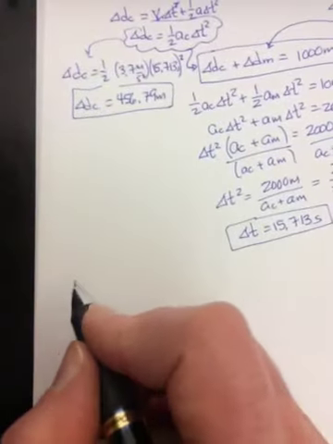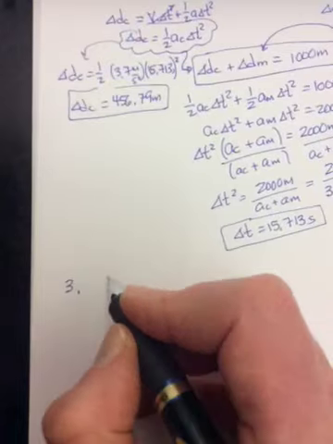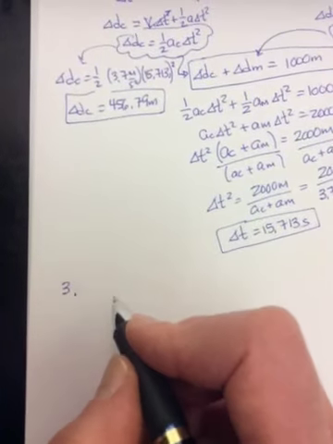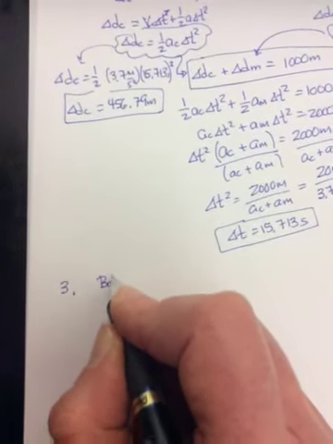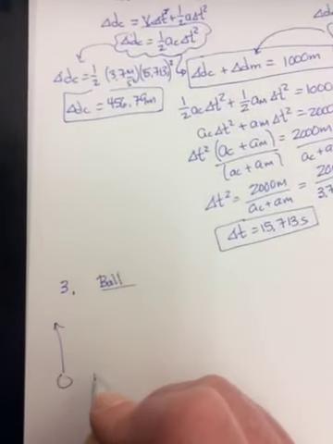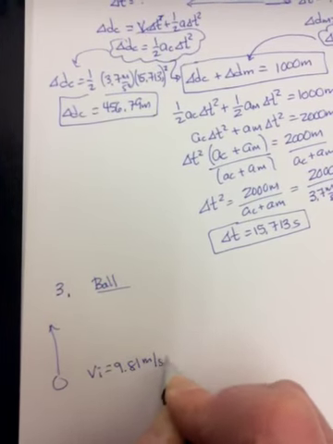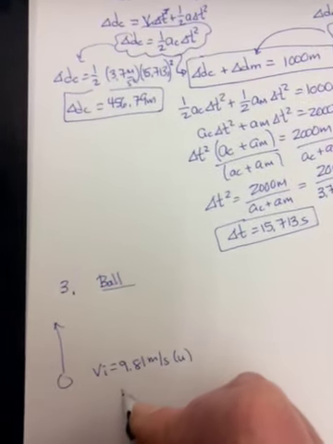Okay, that's number 1. Number 3: a student throws a ball vertically upward with a speed of 9.81 meters per second. So for the ball, it's going straight up, so VI is 9.81 meters per second, and that's up.